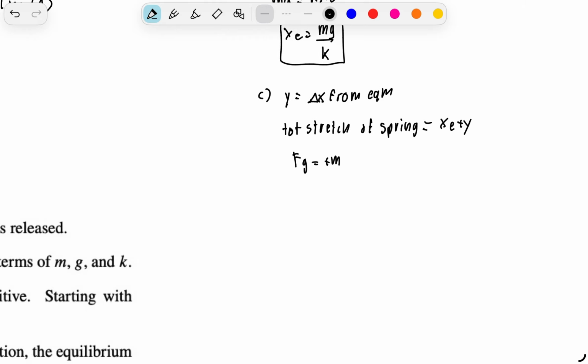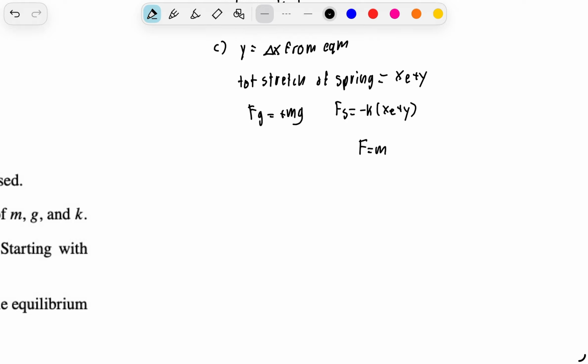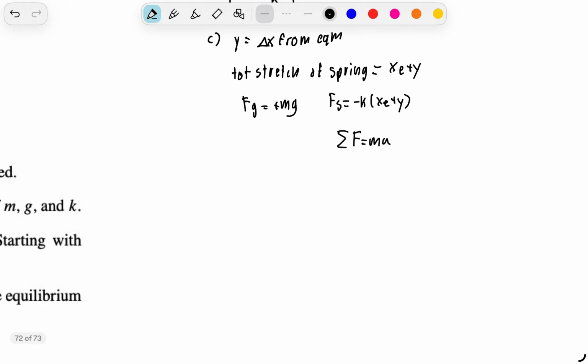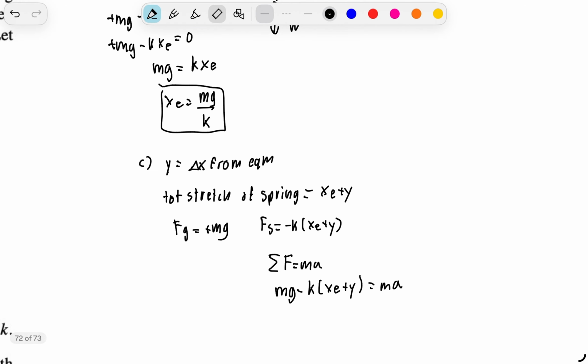Fg is mg, spring force is negative k (xe plus y). That's equal to ma.